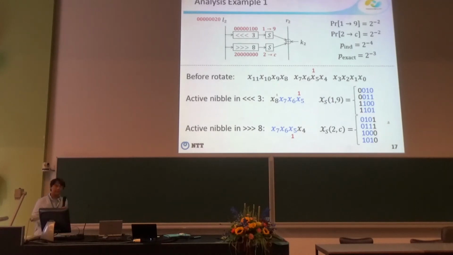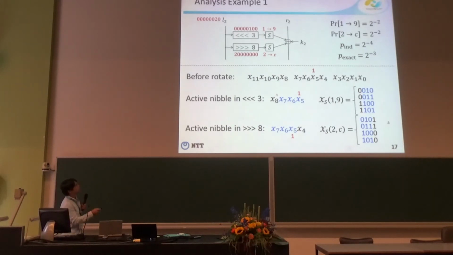The designers of ANU always evaluate the differential probability of each S-box independently. So according to their estimation, the probability should be 2 to the minus 4. However, I confirmed that these 2 occur simultaneously with probability 2 to the minus 3. Because they are not independent actually. You can see that those 2 values originate from one fixed value. So they are obviously dependent.